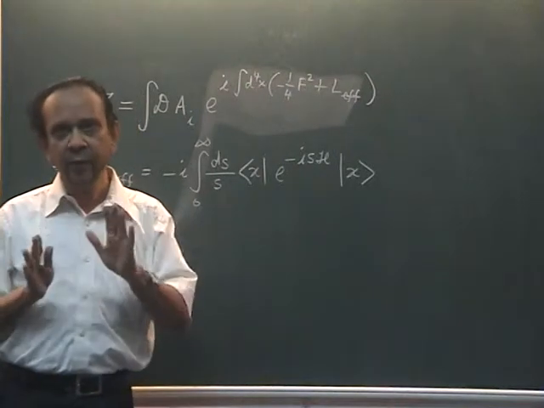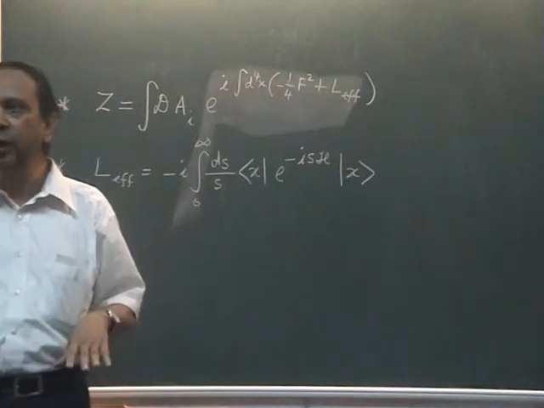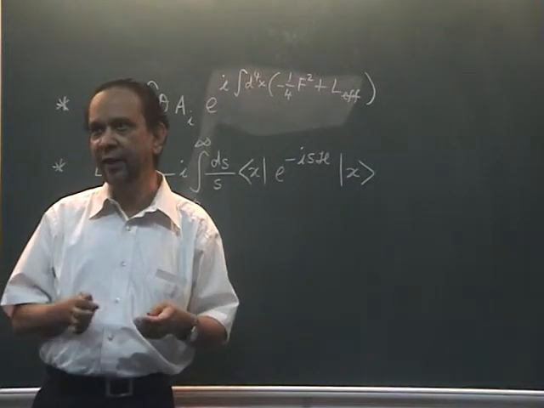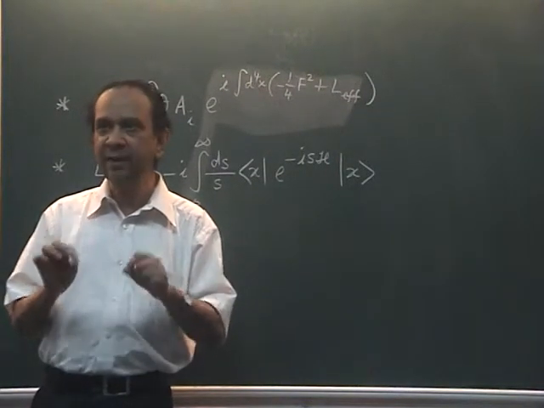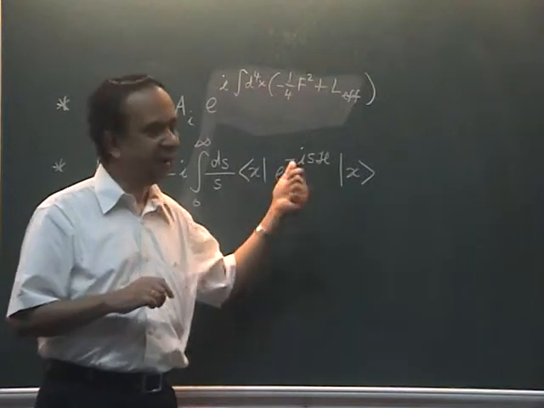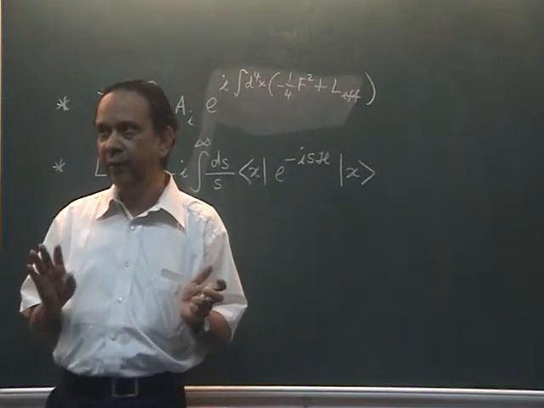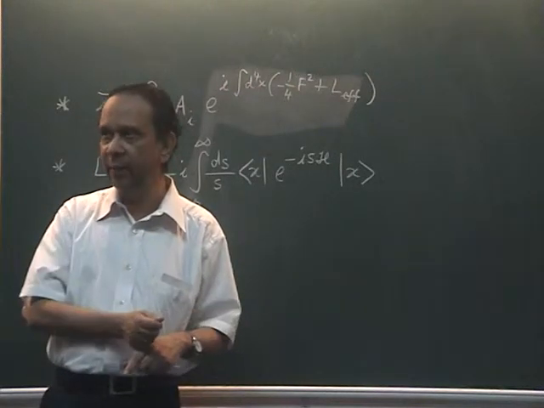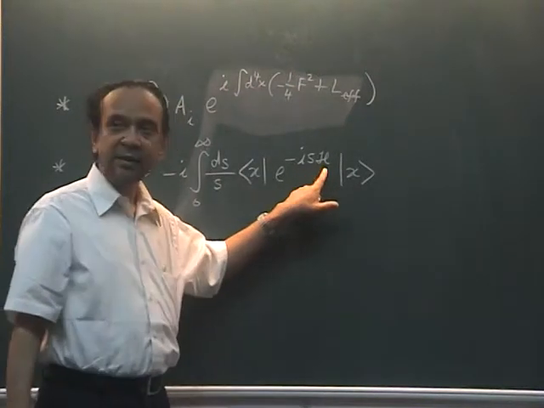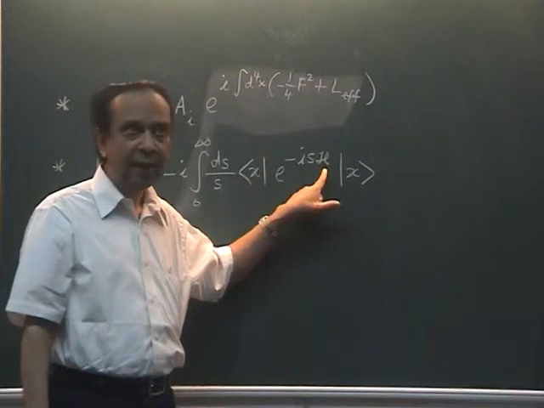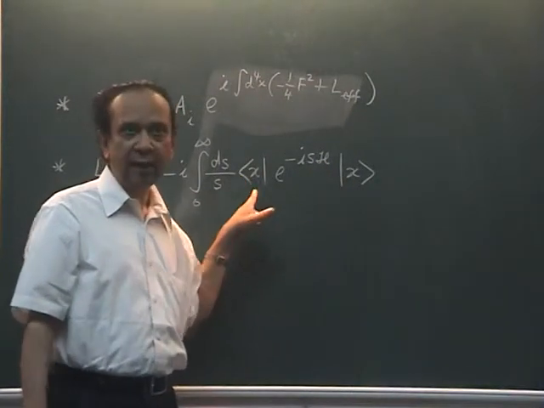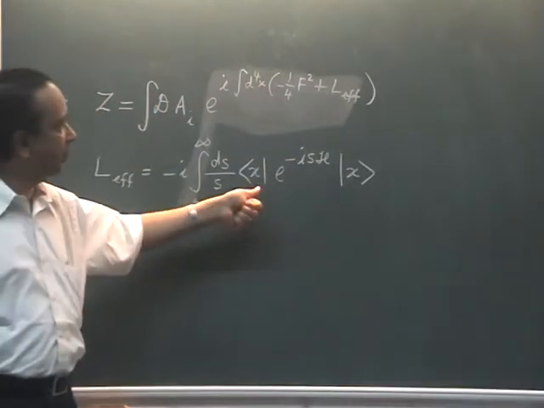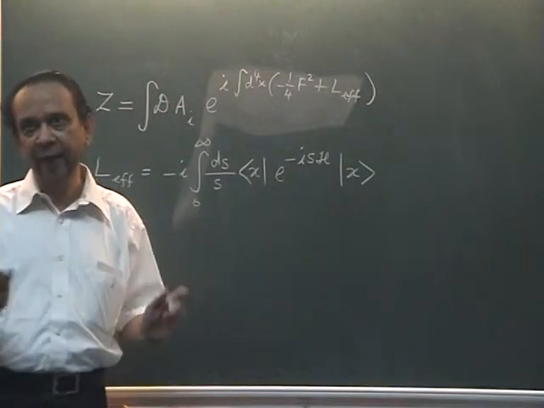So for a moment again imagine that we are doing Euclidean. If we are doing Euclidean, the time and space don't have any difference. So you have 4 space dimensions and you think of this s as a time dimension. Then I can think of a Schrodinger equation in 4 space dimensions and 1 time dimension, determined by this Hamiltonian h. And this gives you the evolution, or rather the propagation kernel, and the effective Lagrangian is given by this integral. This is what we have.